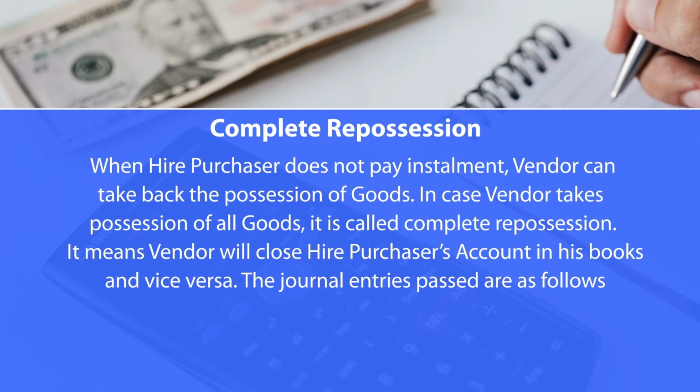In case the vendor takes possession of all goods, it is called complete repossession. It means the vendor will close the hire purchaser's account in his books, because now he has decided to take the entire goods back. The journal entries passed are as follows.